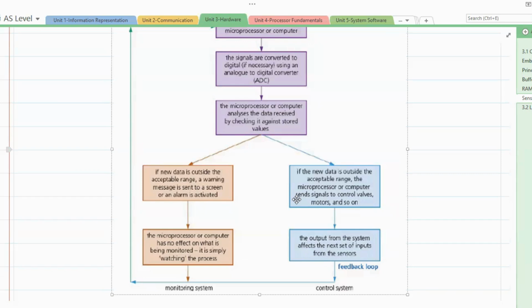So the output from the system affects the next set of inputs from the sensors, and this loop continues. There is a feedback. Whatever happens is sent back to the system, the readings are changed, and accordingly the action is changed. So this is a feedback loop, which is a continuous thing.